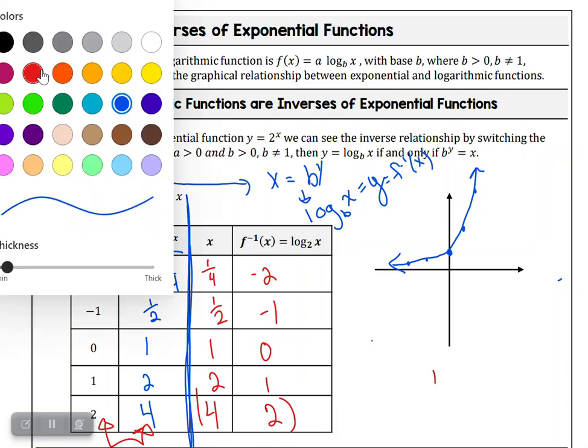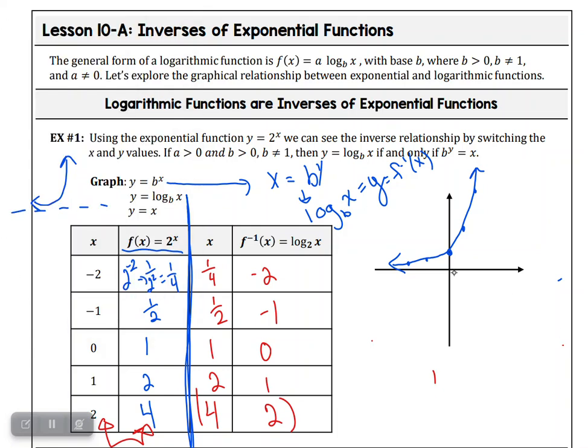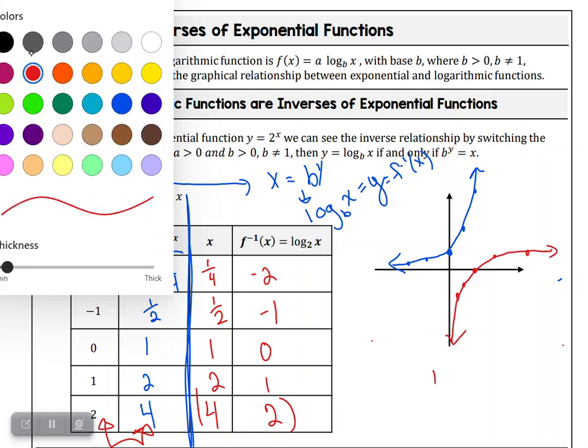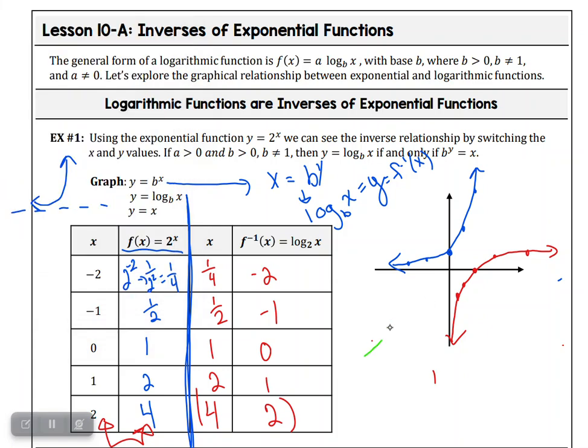When I go to do the inverse, I start plotting these points. I get 1/4, -2. I get 1/2, -1, and then 1, 0, and then 2, 1, and then 4, 2, which looks like that. As we talked about before, y equals x is right here.